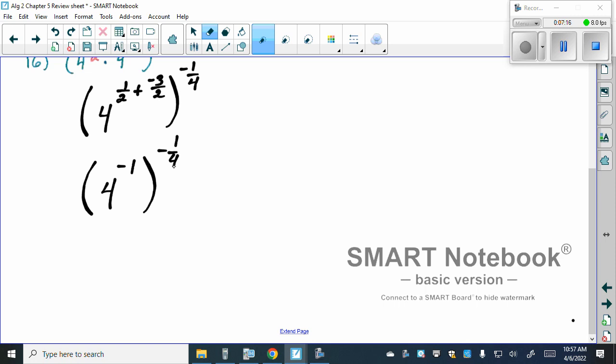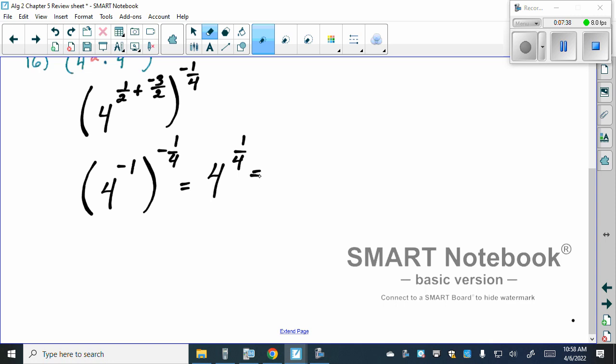Now, powers of powers multiply. Well, 1 times -1 times -1/4 is 1/4. Now, for some, stopping here would be one of the answers.